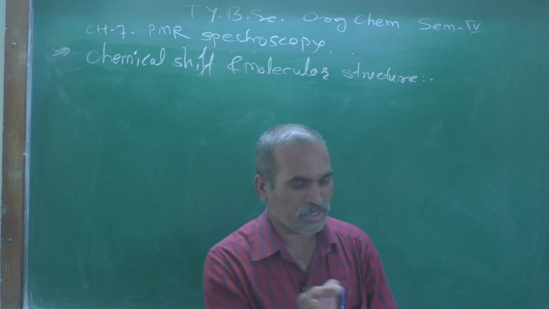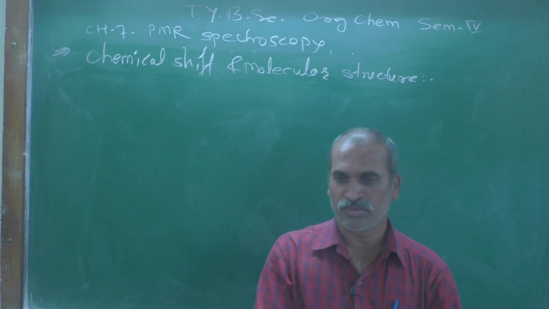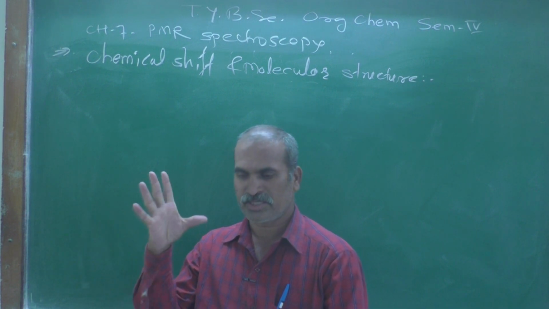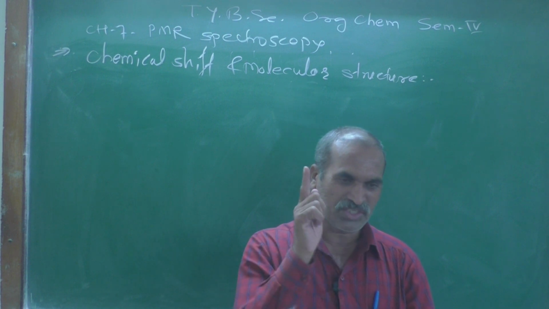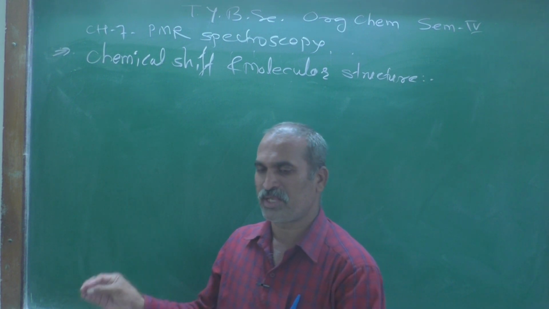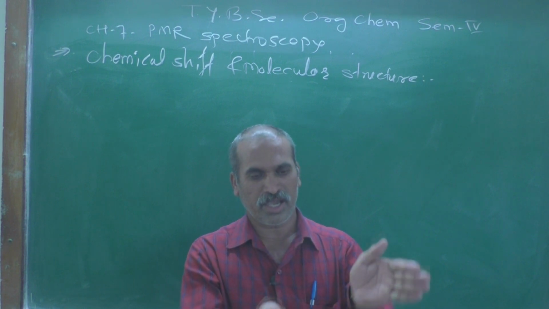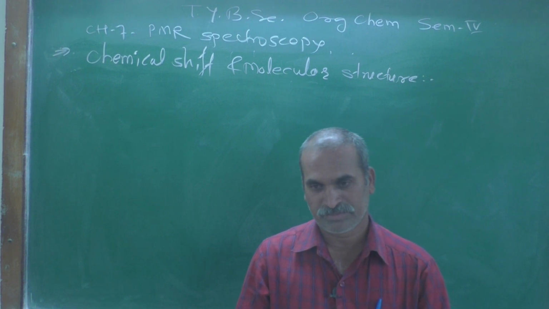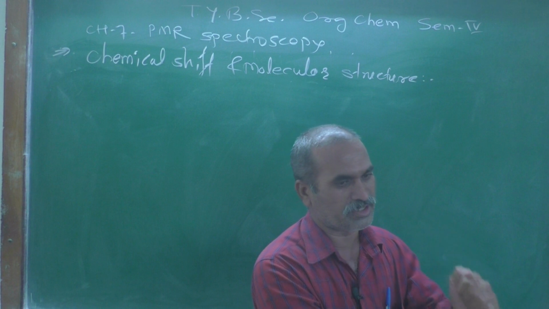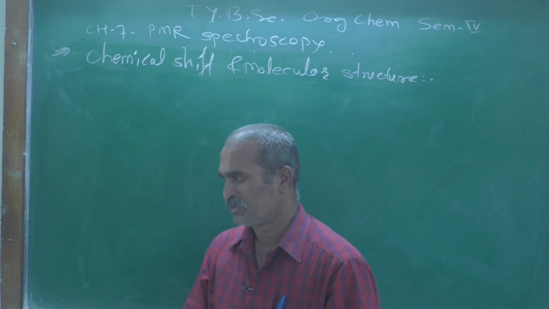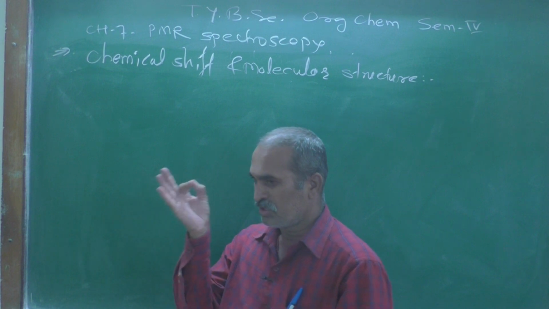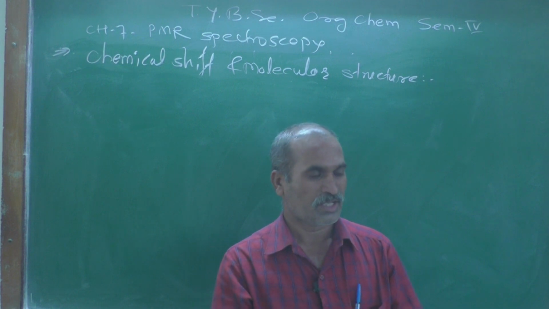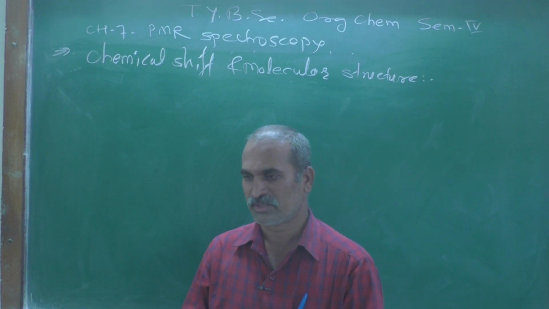Suppose the chemical shift appears around 9.7 delta or ppm, which clearly indicates the presence of an aldehydic proton in the unknown compound. Suppose again a peak is observed at a deshielded position, the delta value appearing around 11.2 or so.